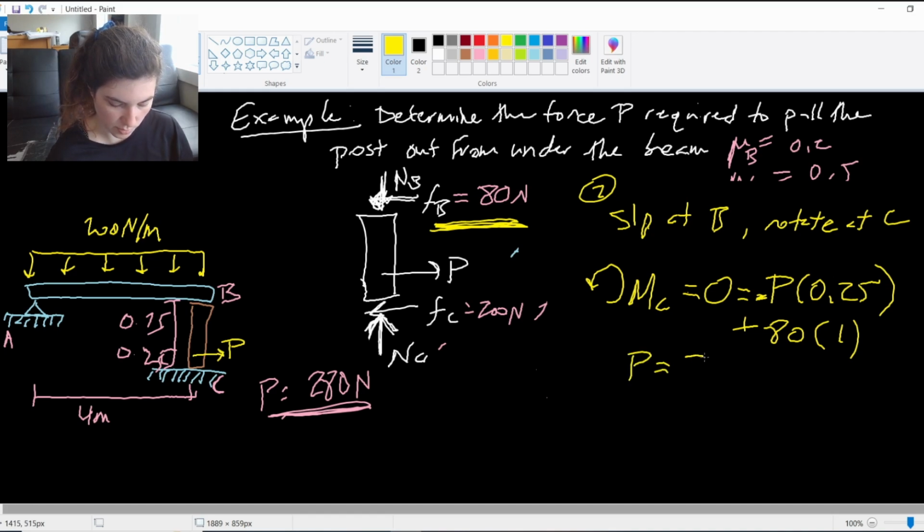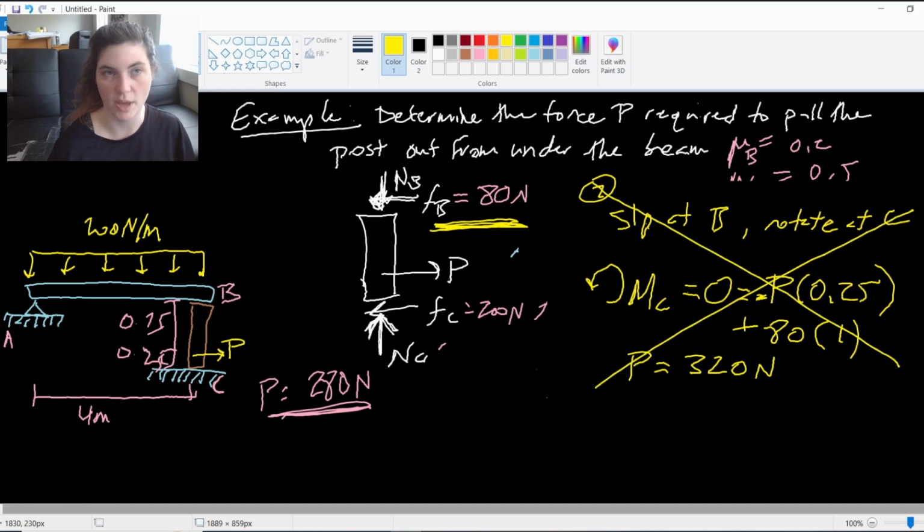So this gives me a P value of 320 newtons, which of course 320 is greater than 280, so this condition will not be met, right? So it's not going to slip at B and rotate at C. Both of them are going to slip before this happens. So let's check our third and last scenario here.